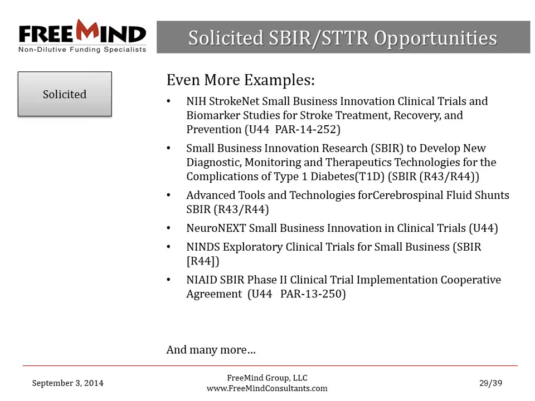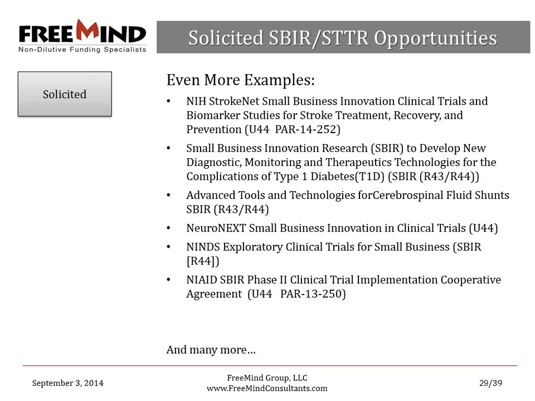And even a few more examples. Here we have a solicitation from the NINDS, the National Institute of Neurological Disorders and Stroke. It's for clinical trials. Specifically, the NIH StrokeNet Small Business Innovation Clinical Trials and Biomarker Studies for Stroke Treatment, Recovery, and Prevention. This actually was also mentioned in a recent CNS webinar I gave a few weeks ago, and that's also available on YouTube.